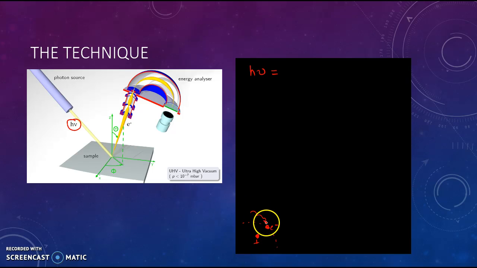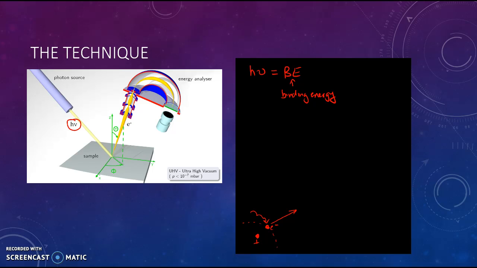This photon comes in, and the electron gets ejected out. What's left behind is an ion. We can call that the binding energy, the energy that binds this electron to the nucleus. I'm going to abbreviate this as BE for binding energy, the electric potential energy that we were talking about in a previous video.